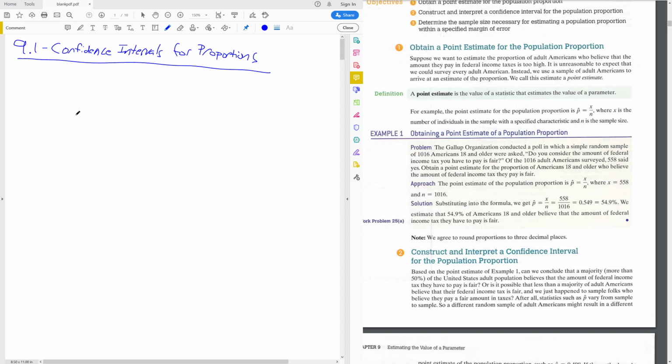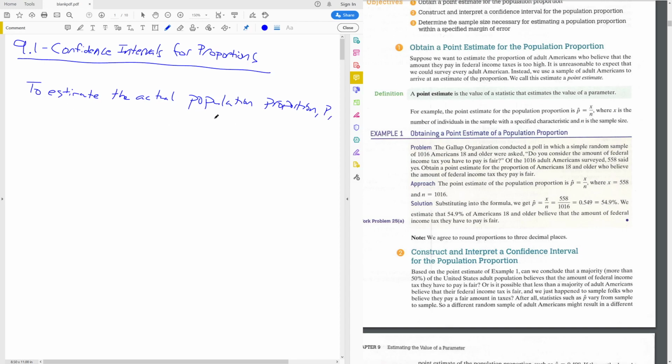So here's what we're going to do. We're going to talk about how to estimate the actual population proportion. I'll just use P for that.